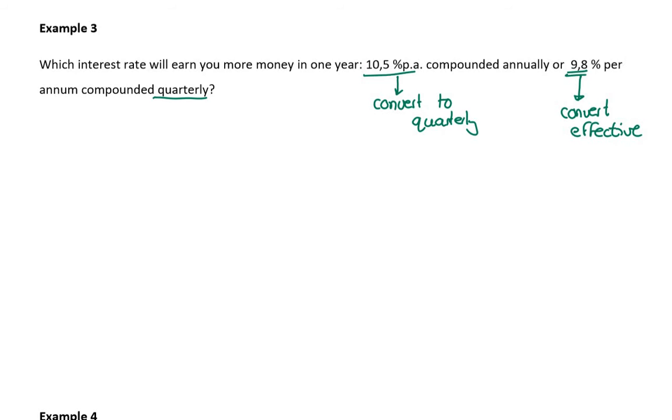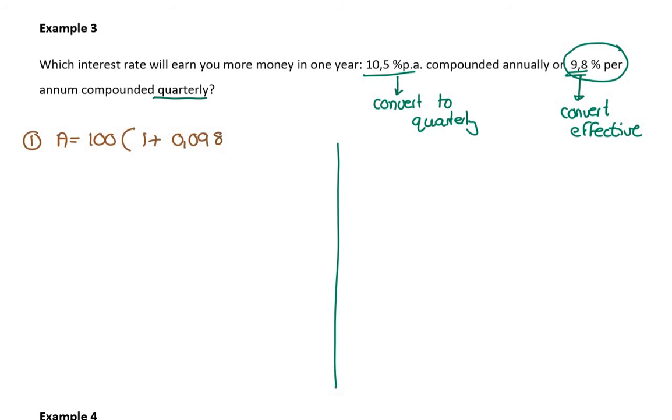Now personally, I always prefer converting to an effective interest rate because I don't have to worry about dividing by anything. And so actually I'm going to take this 9.8% per annum compounded quarterly and convert it. So let's look at our two different methods. Method number 1 was taking 100 Rand in and putting it in for 1 year. So I'm going to use 9.8, just be careful, that's 0.098, compounded quarterly for 1 year, so that's 4 quarters.